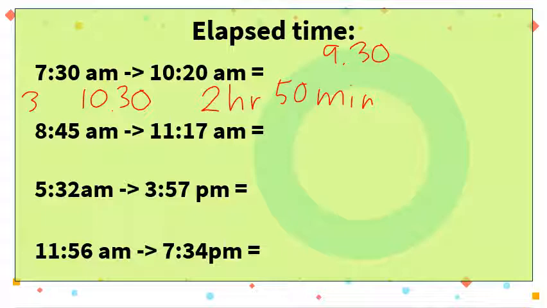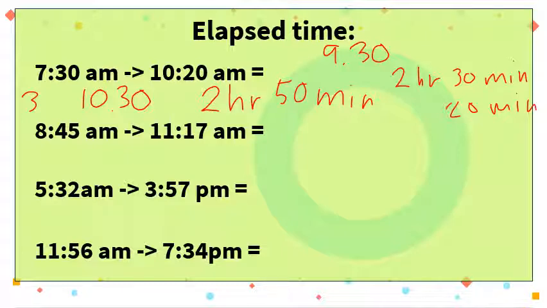So let's keep a record of this: 2 hours, 30 minutes. And then I'm at 10 o'clock now, and I need to add another 20 minutes to get to 10:20. 30 plus 20 is 50. So 2 hours and 50 minutes. So that's another way of doing it.